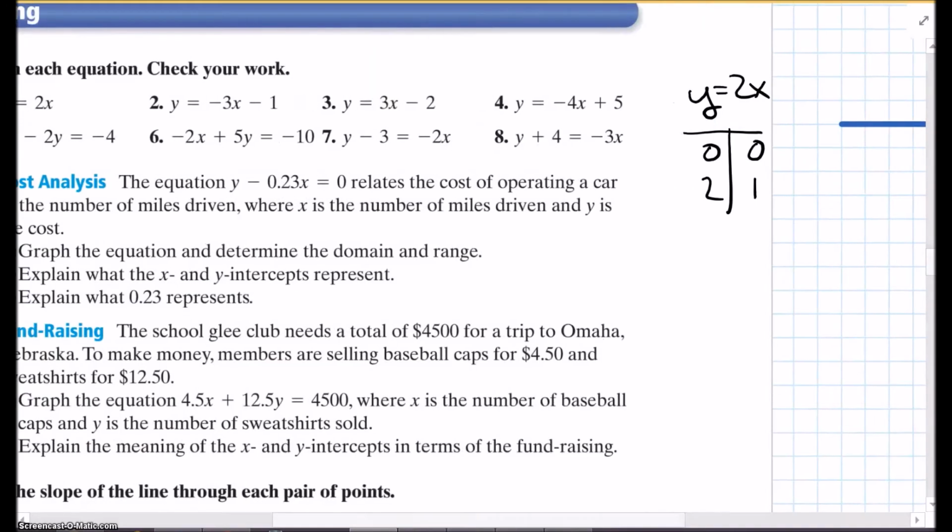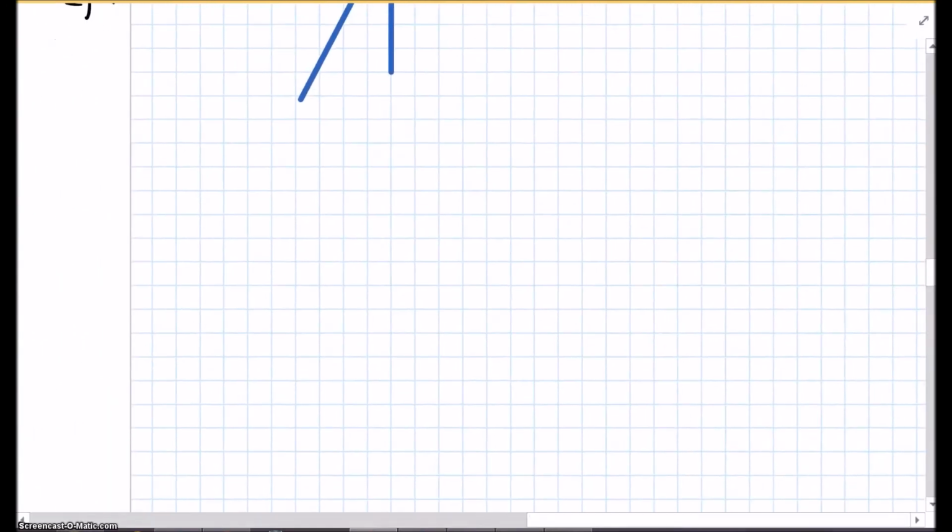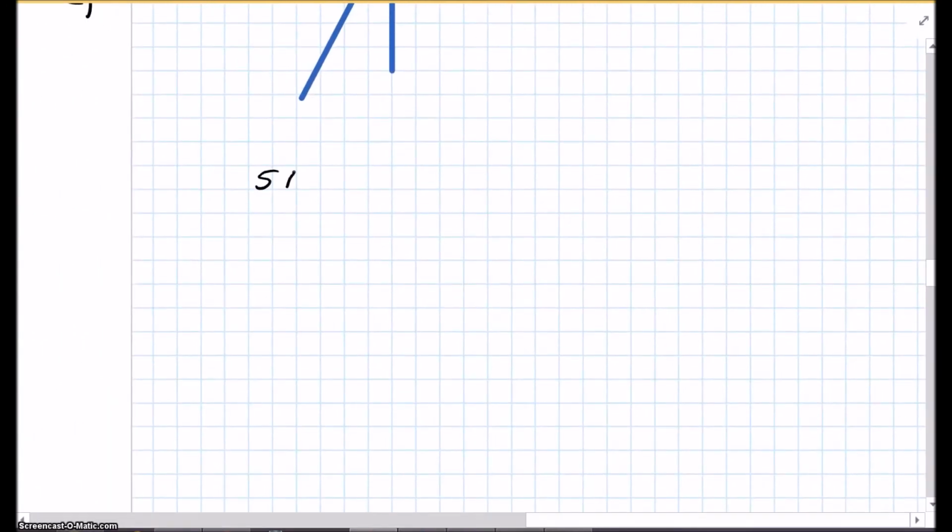All right, number 5. Okay, number 5 says this. 5x minus 2y equals negative 4. Okay, I'm going to solve, get y by itself. So first thing I'm going to do is subtract 5x from each side. So I'm going to get negative 2y equals negative 5x minus 4.